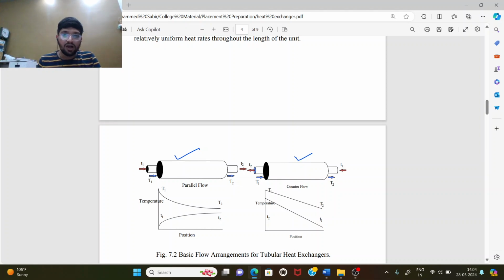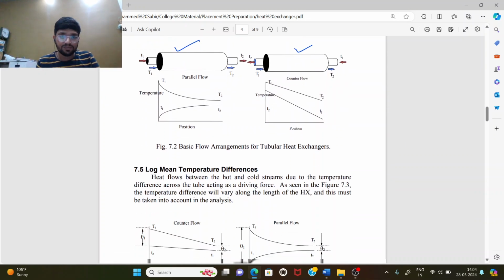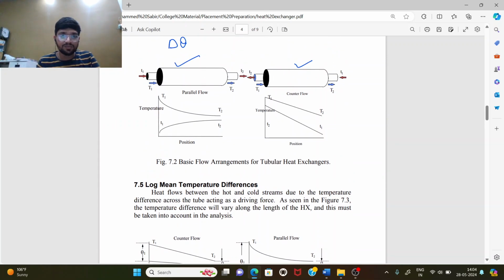In a parallel flow design, this is the delta theta effective. First the hot fluid temperature goes down, and the cold fluid temperature increases as the fluid passes through the tube.